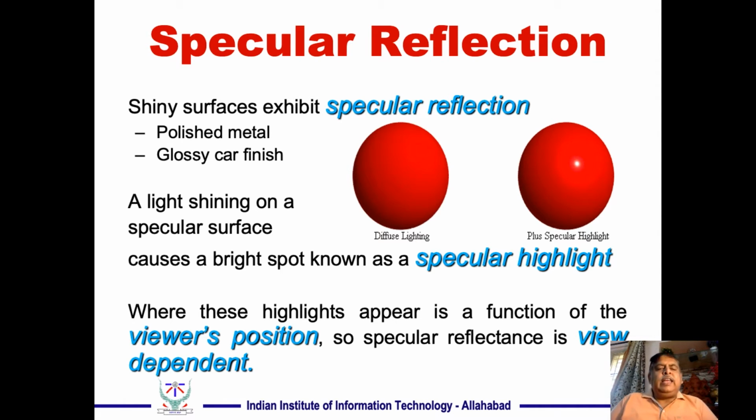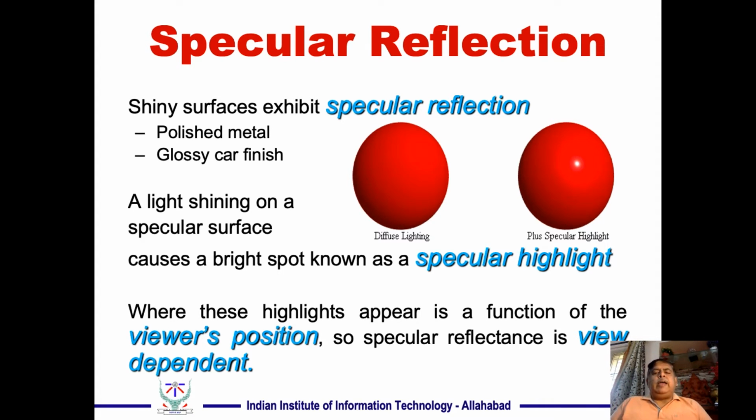A light shining on a specular surface causes a bright spot known as a specular highlight. Where these highlights appear is a function of the viewer's position, so the specular reflectance is view dependent.